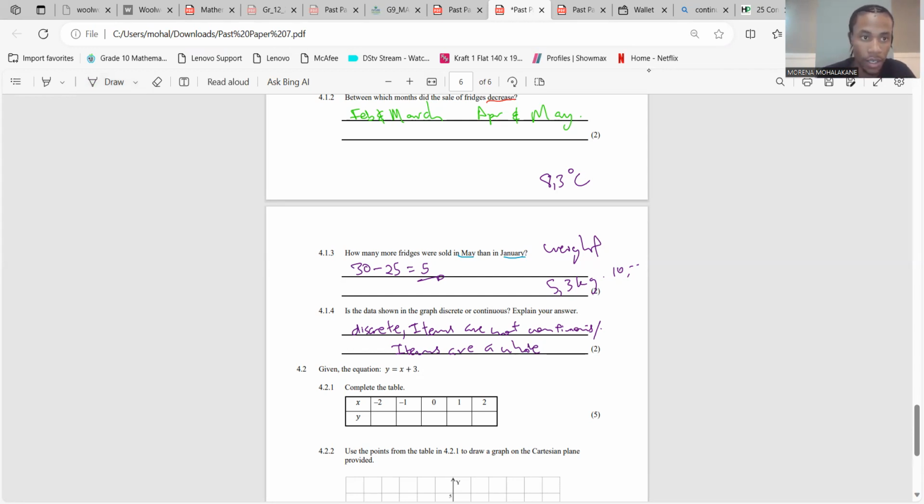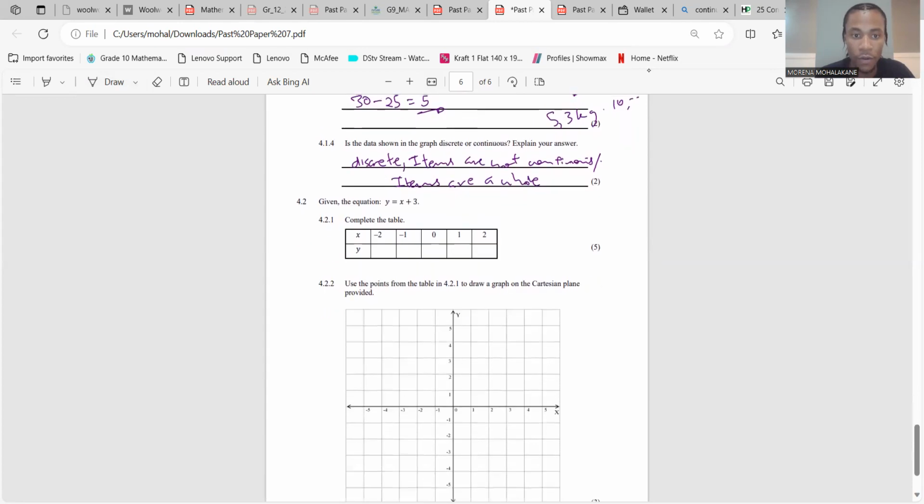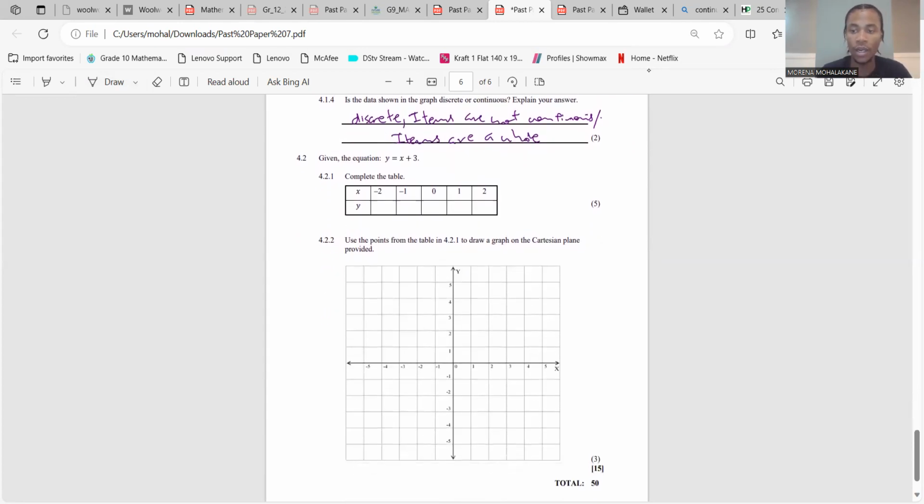Yeah. Now let's get to this fourth question. 4.2, 3 marks. You are given an equation here. So complete the table. All you have to do is substitute the value of x. Here are the values of x. So you're going to say y is equal to -2 plus 3, which gives you -1. So I have -1 here.